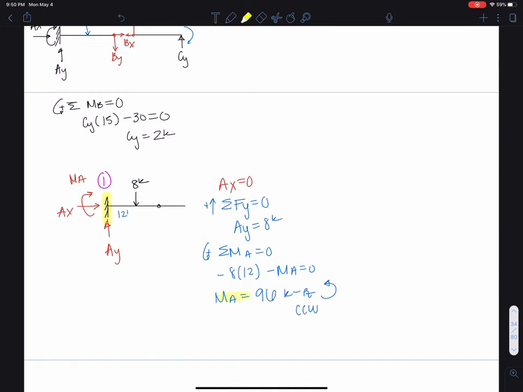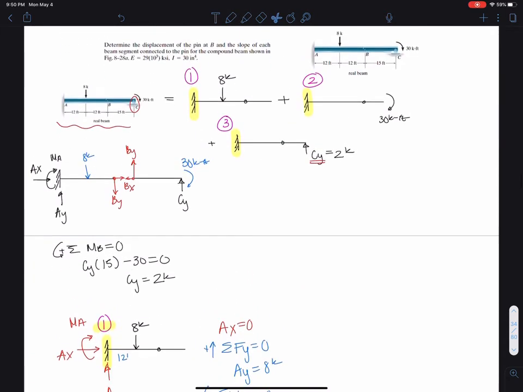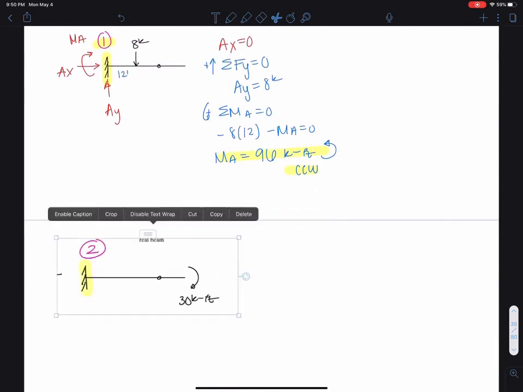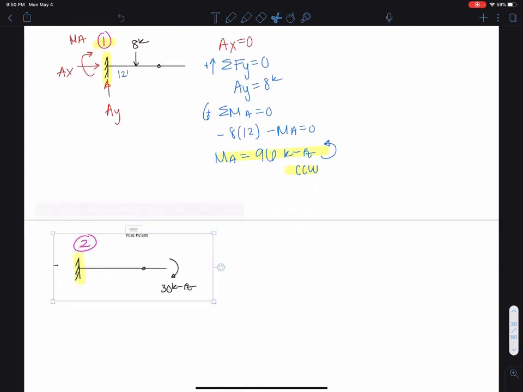And this is for case 1. Okay, now let's do the same thing for case 2. Okay, here we have case 2.